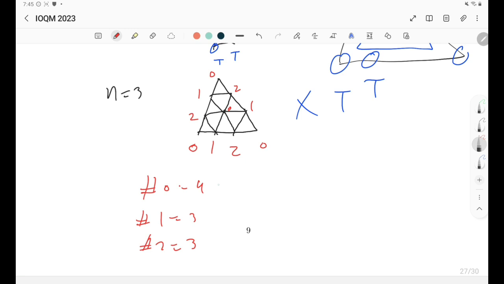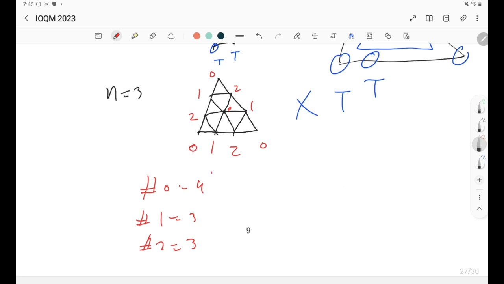Each time, the number of zeros that were heads is going to change in mod 2. The parity will flip. So here 4, for example, is going to become 3, then it might become 2, then 3, then 2, then 1, then 0. But in each step, it's always going to flip.